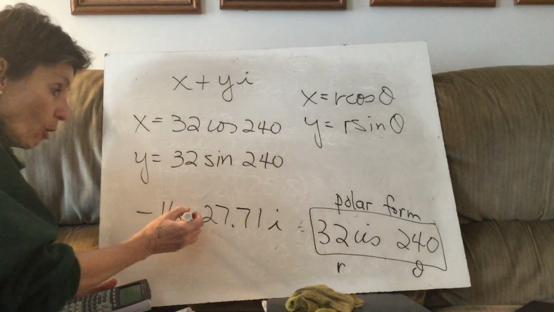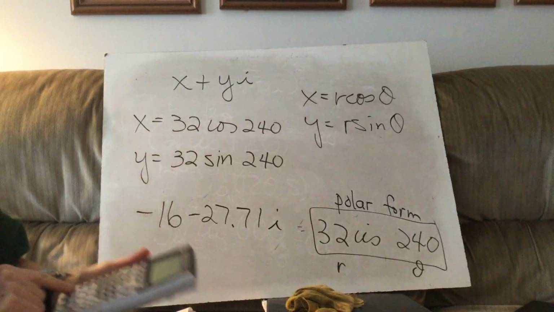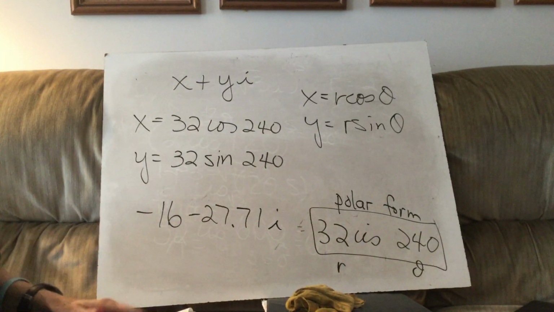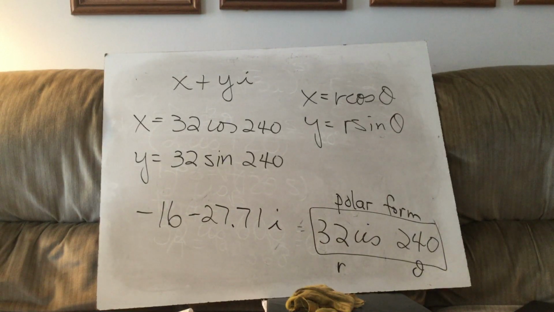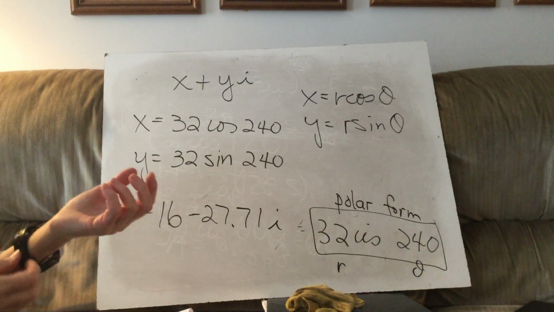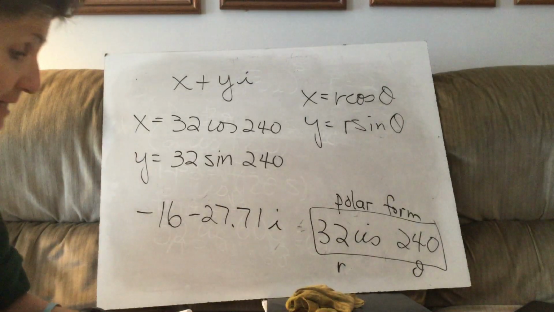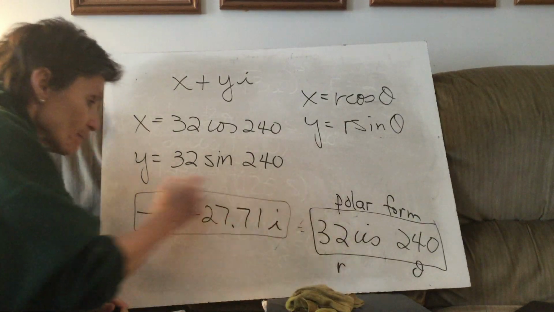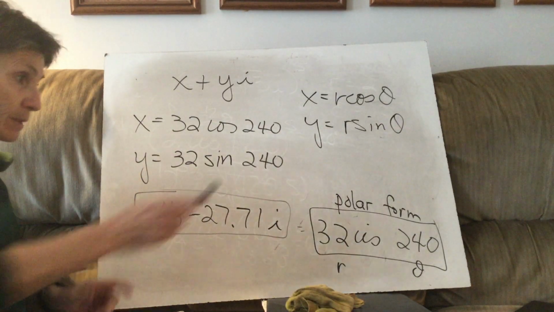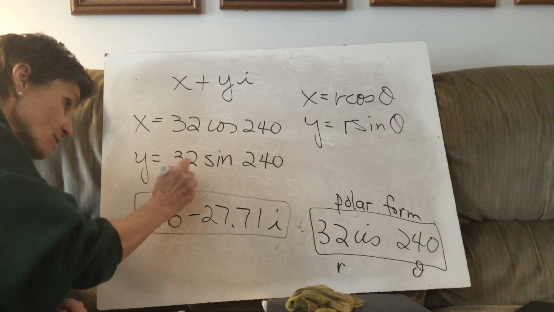Remember, the i always goes with the Y, so it'll always go with your sine value. So negative 16 minus 27.71i, and that is the other answer to the problem. So we got a couple of answers. This one is in polar form. This one is in complex form.